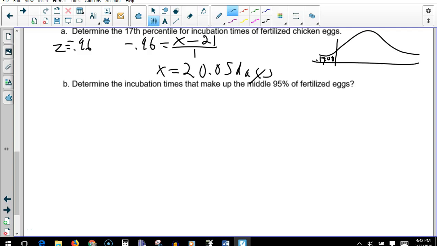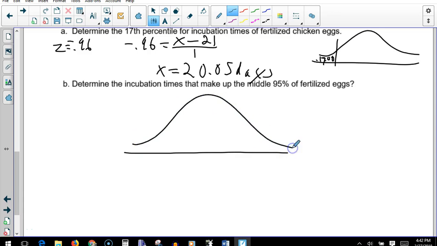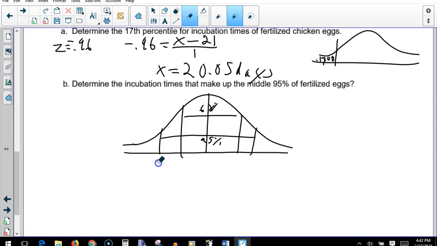All right. Now, if you go back to what we learned at the very beginning, this problem is actually a lot easier than it sounds like at first. 95% of our population, remember this is 68%, and this is 95%. 95% of the middle of the population is between minus 2 standard deviations and plus 2 standard deviations.